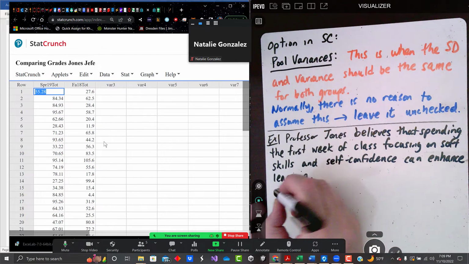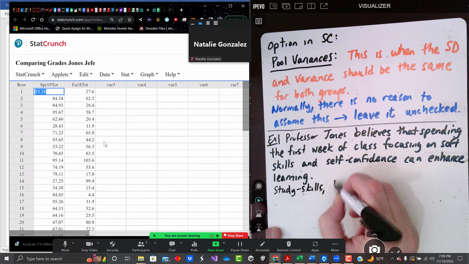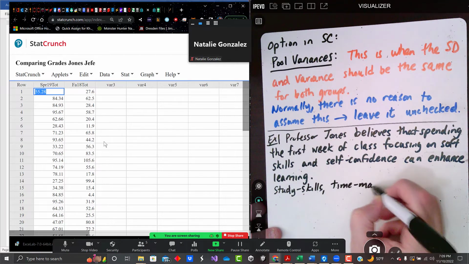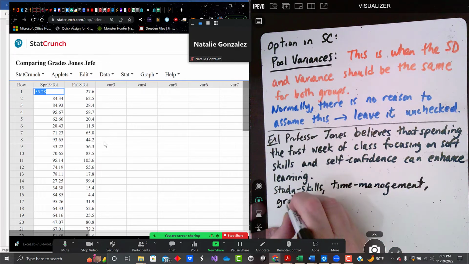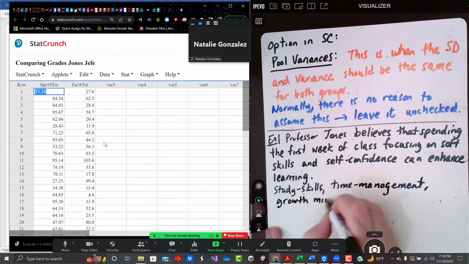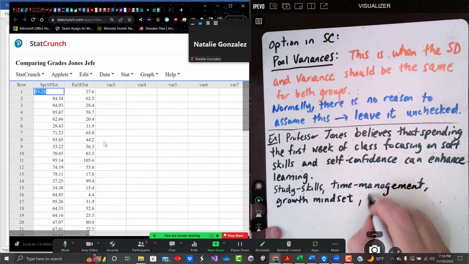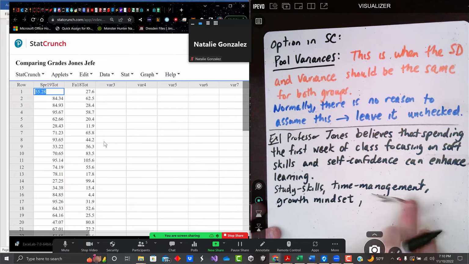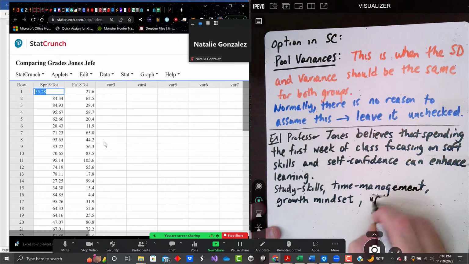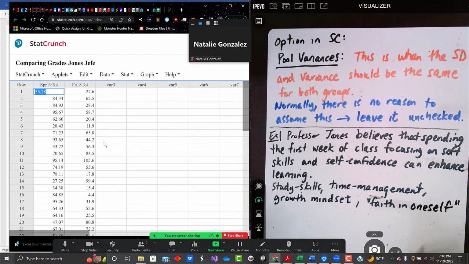Soft skills like study skills, time management, a growth mindset, faith in yourself, or believing in yourself. Those kinds of things.